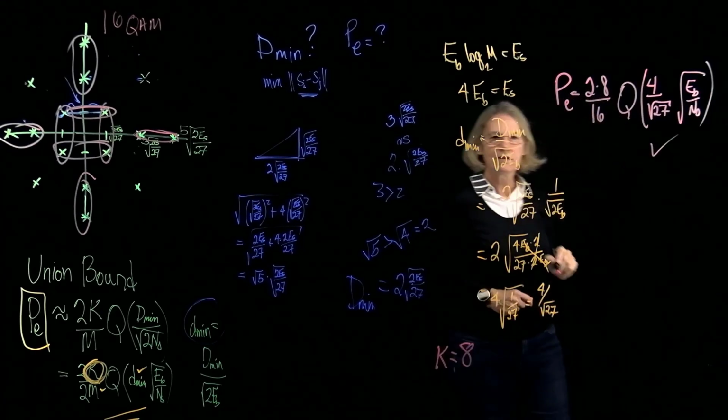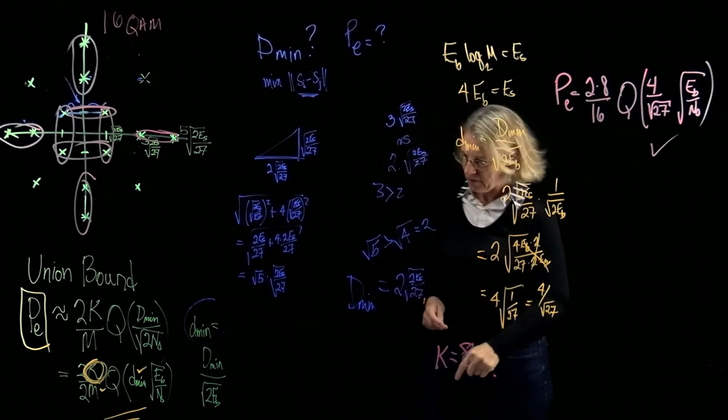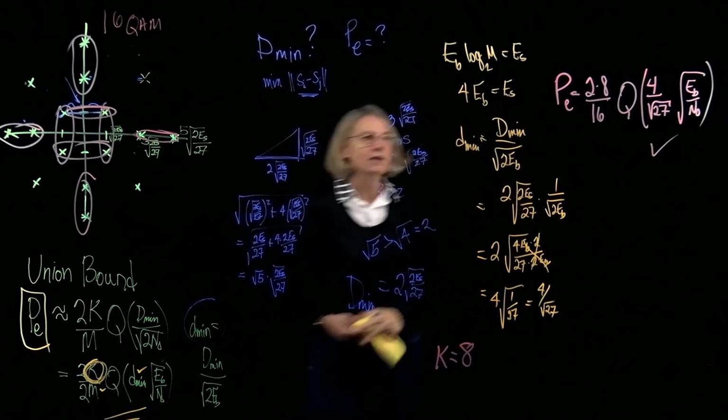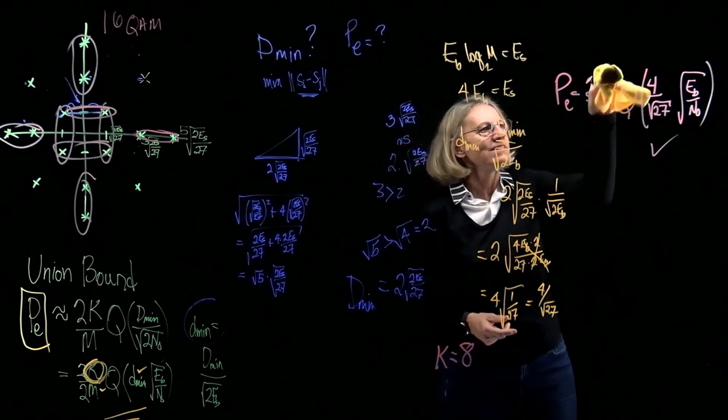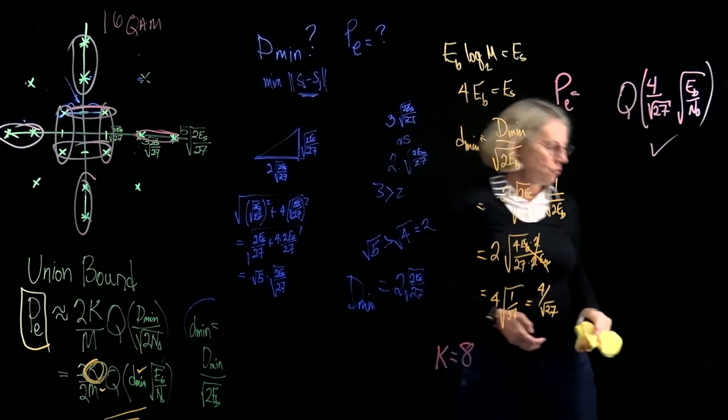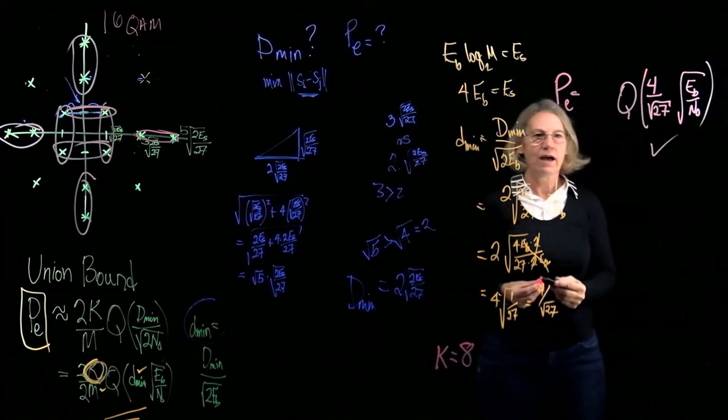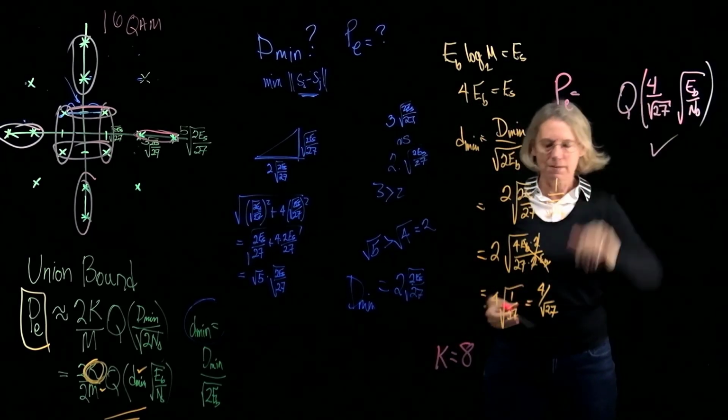And so now, of course, we could simplify that. We have 16 divided by 16, so it's just Q of dmin times the square root of EB over N0.